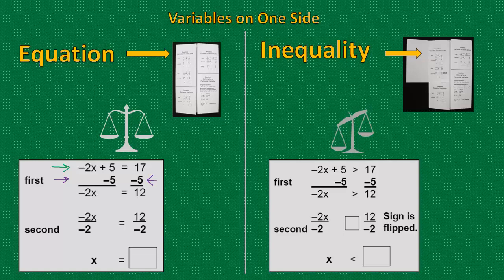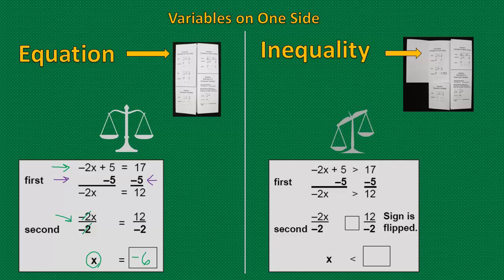We're getting closer to x being by itself since we have now gotten rid of the 5. Our second step will be to divide by the negative 2 that was in front of the x. The negative 2's cancel out and it leaves us with x. 12 divided by negative 2 is negative 6.